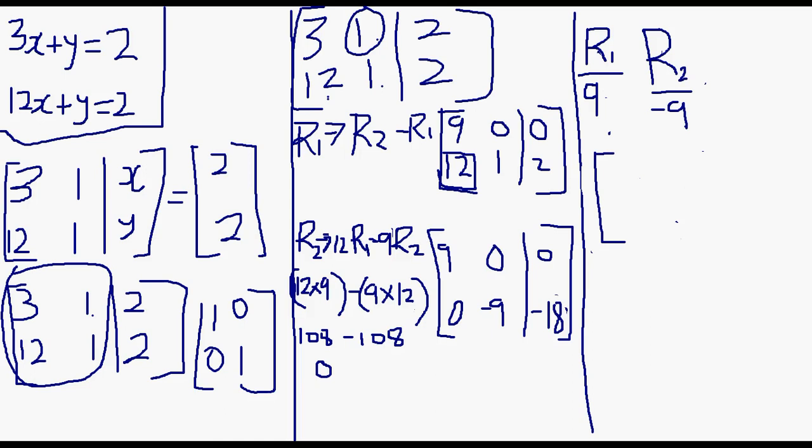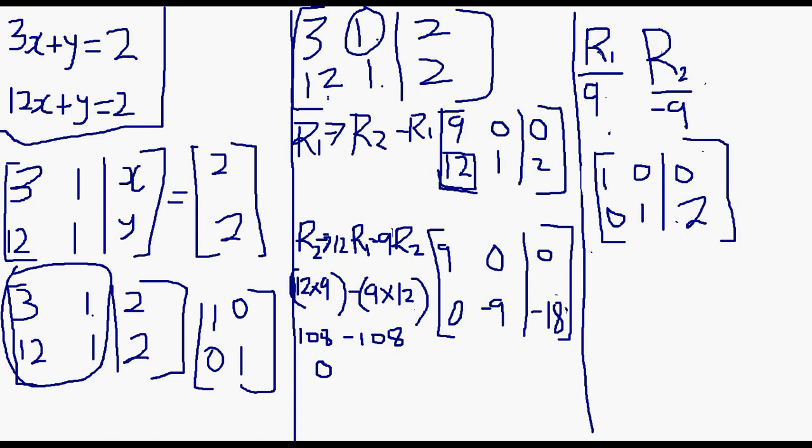So 9 divided by 9 is 1. 9 divided by 0 is 0. 9 divided by 0 is 0. And then 0 divided by negative 9 is 0. And then negative 9 divided by negative 9 is positive 1. Negative 18 divided by negative 9 is 2.